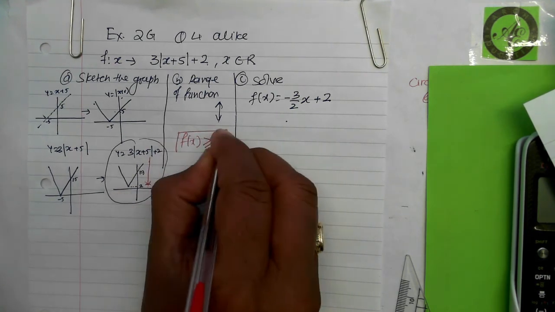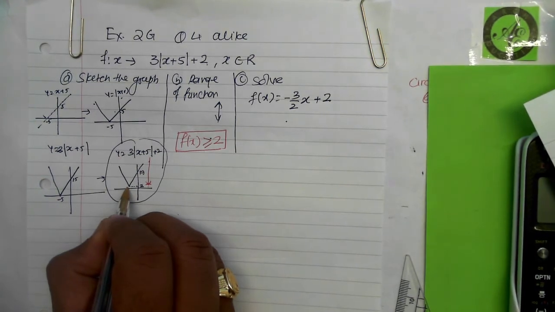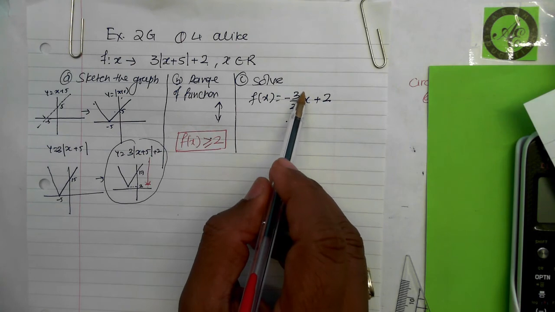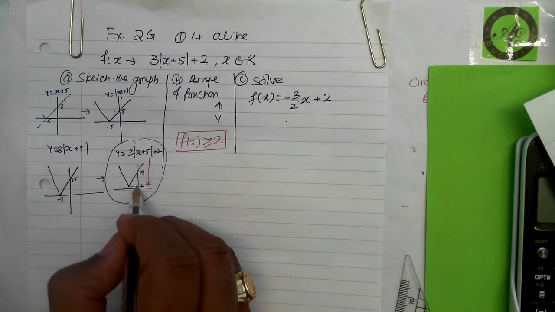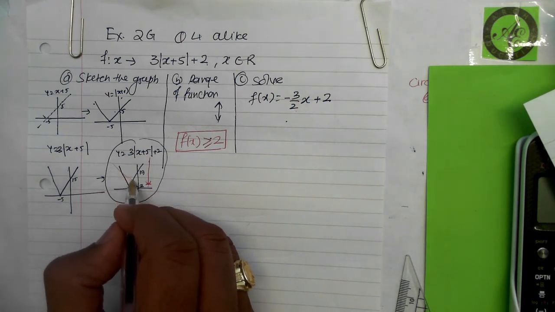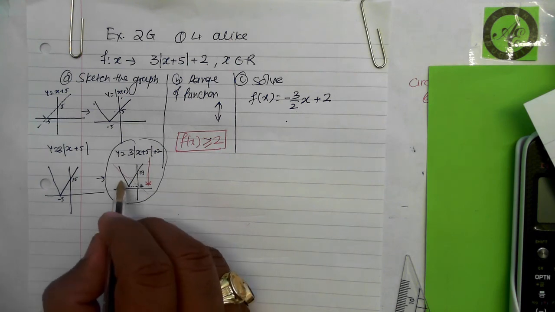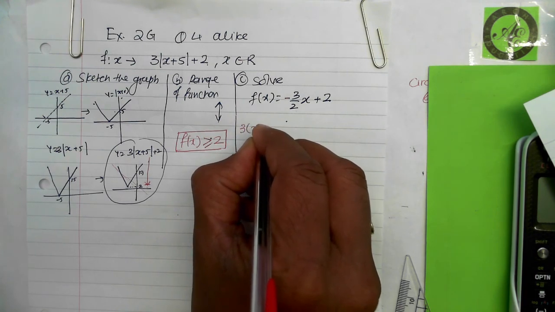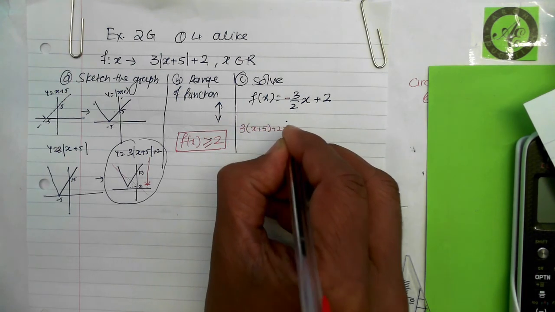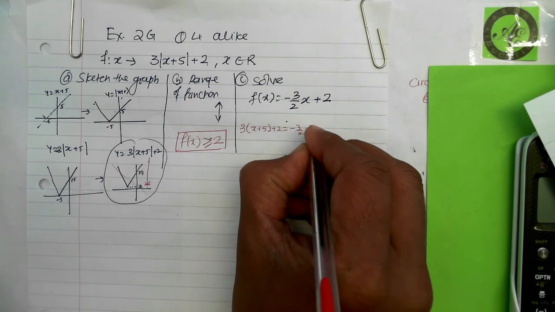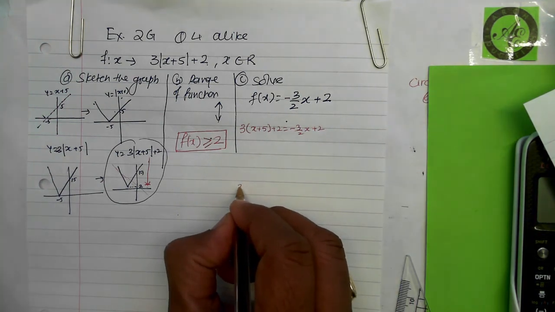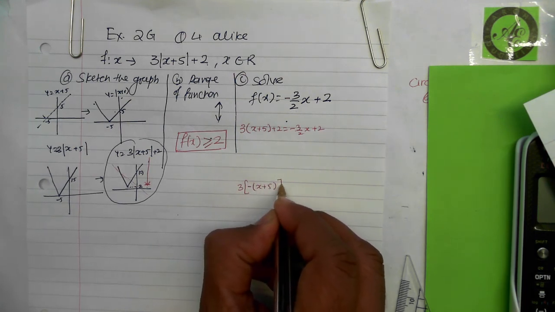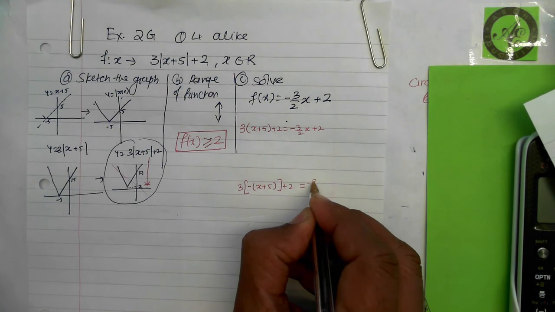Then people, to solve this equation, you're going to see this is a negative gradient straight line passing through 2 somewhere over here. So it might cut both the lines of the graph. So you're going to be writing 2 equations. This will be 3 modulus of x plus 5, plus 2 equals -3 over 2 x plus 2, or it will be 3 of negative of x plus 5, the 2 modulus values, plus 2 equals -3 over 2 x plus 2.